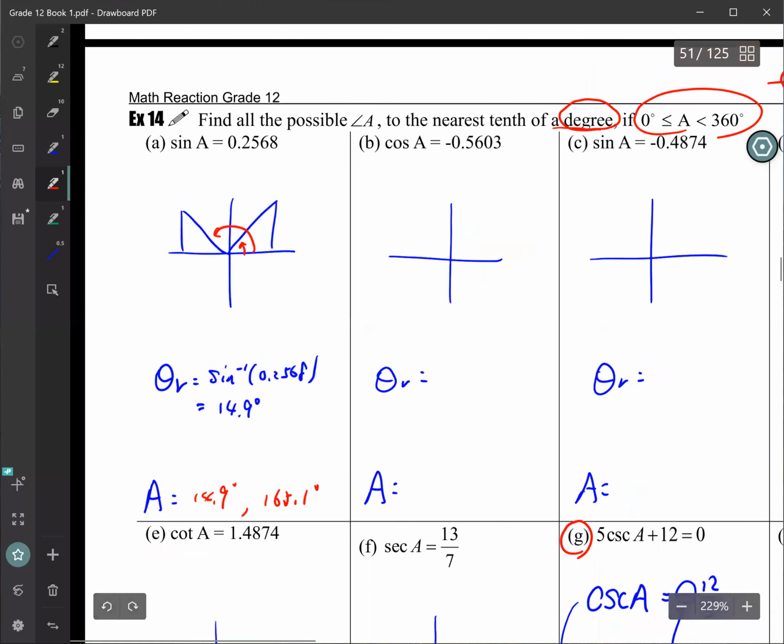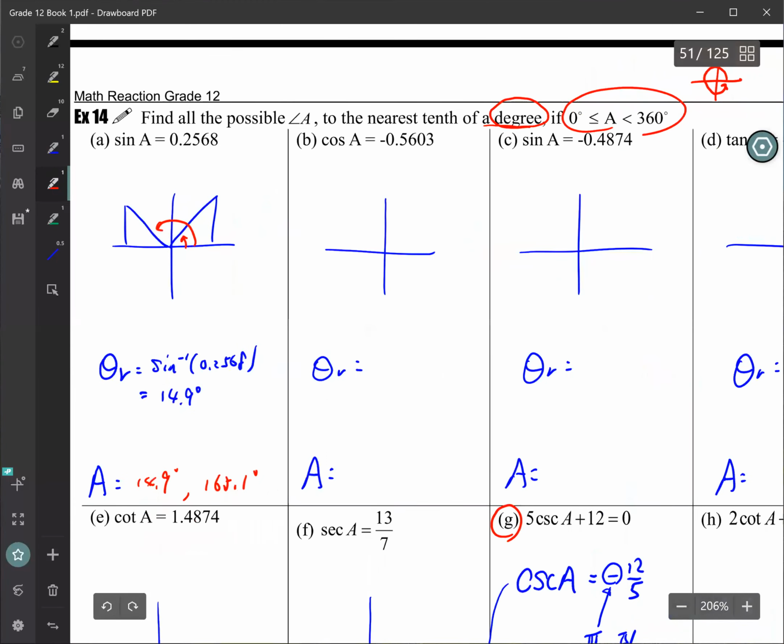Okay, Donna. Question B, which quadrant? 2 and 3. Okay. Reference angle will be cosine inverse of what do we put inside the bracket, Donna? 0.5603.